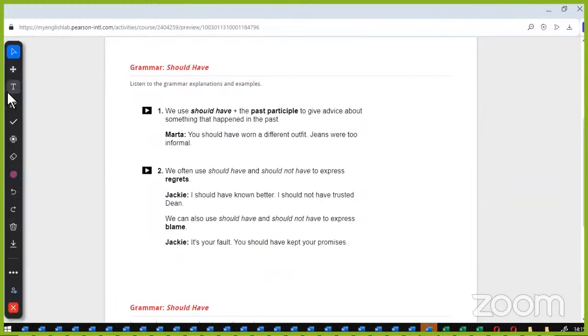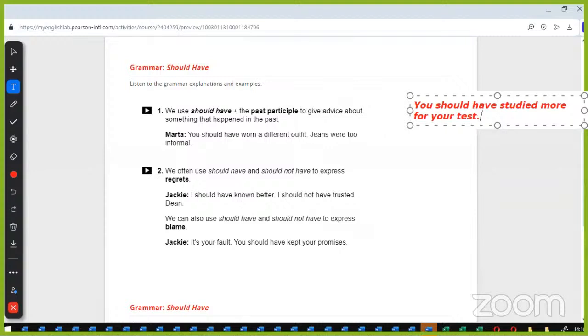So here we use should have plus the past participle to give advice about something that happened in the past. You should have studied more for your tests.